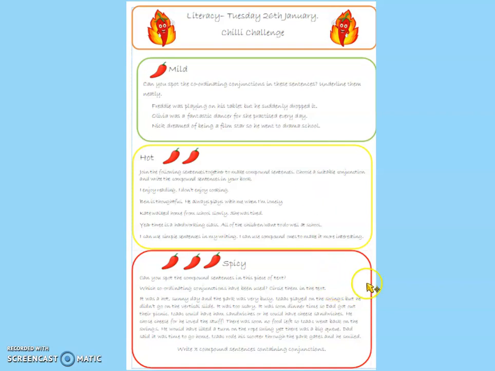And the spicy challenge, you need to find the coordinating conjunctions that have been used in the text and then write 3 compound sentences containing conjunctions. Remember to do these tasks in your literacy book so that your teachers can look over them when you bring your work back on Friday.